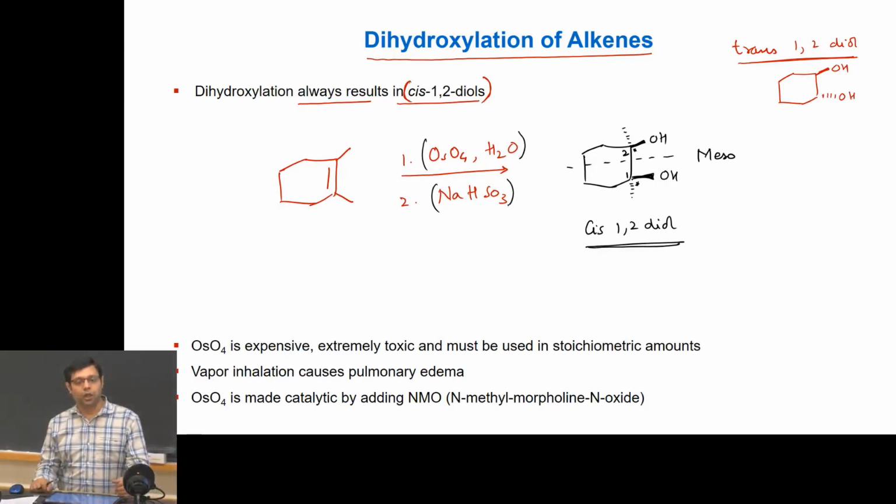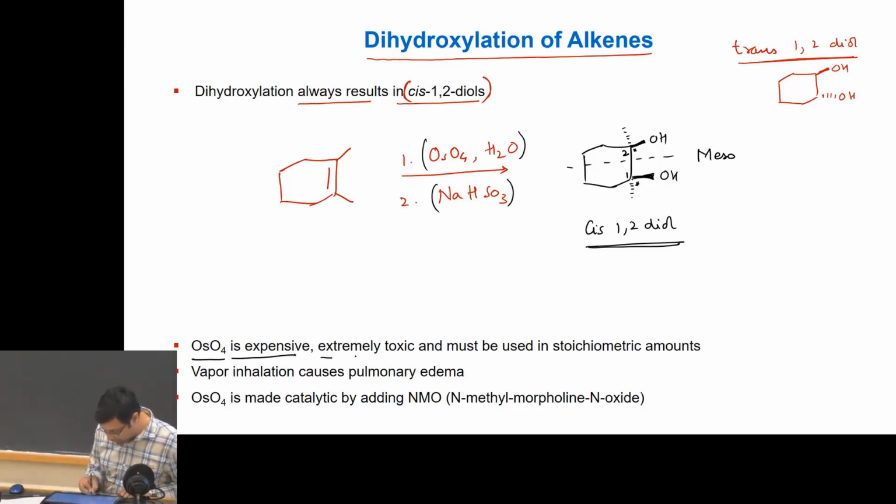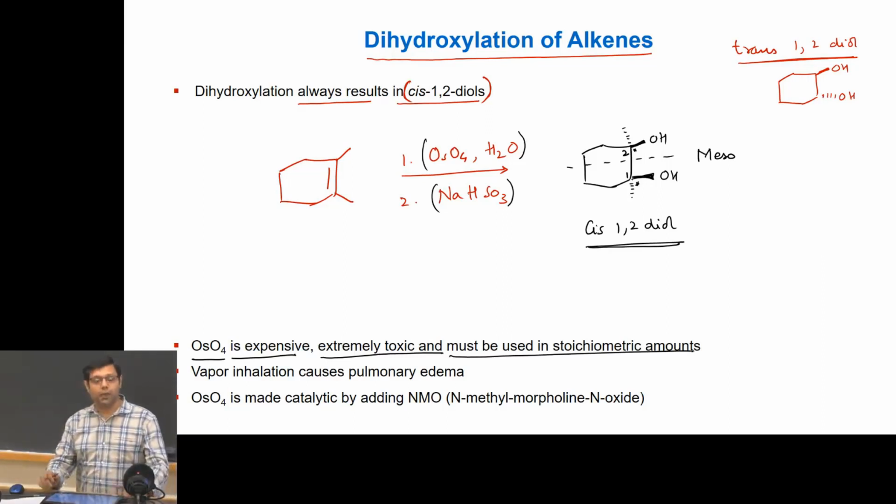All right. Now one drawback about this reaction is that osmium tetroxide is expensive, extremely toxic, and must be used in stoichiometric amounts. But in the presence of NMO, you can use catalytic amount of osmium tetroxide. So by adding NMO to this reaction, osmium tetroxide is made catalytic.